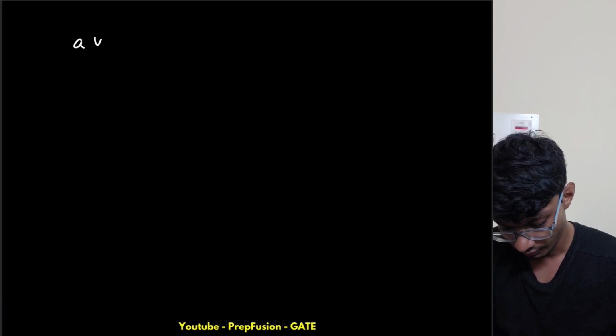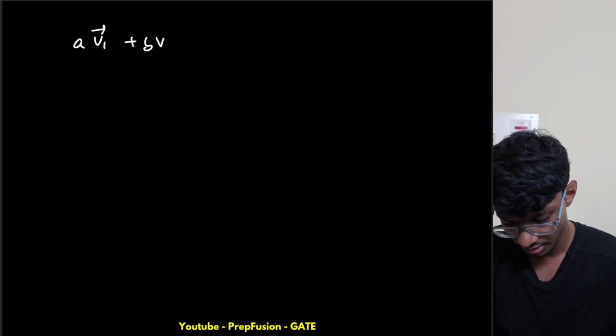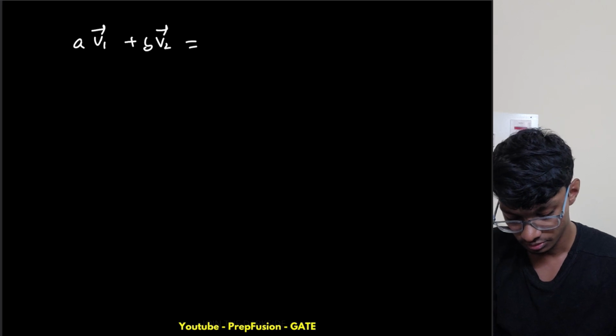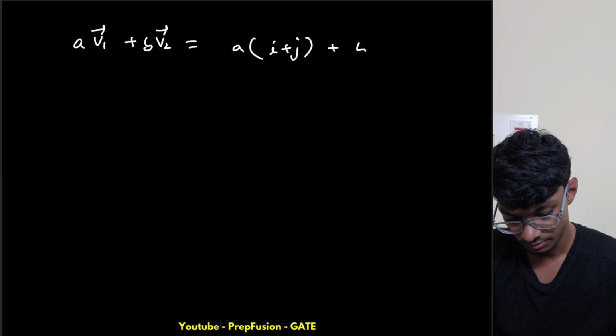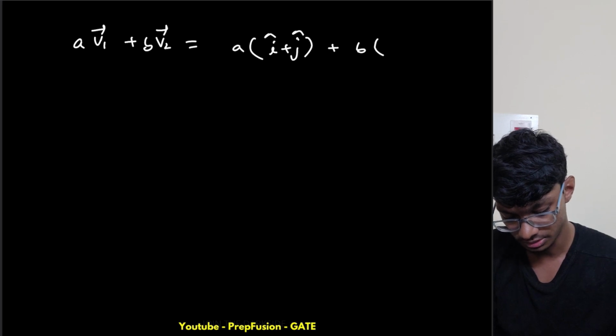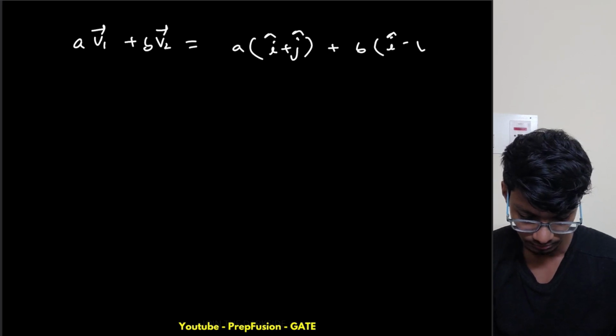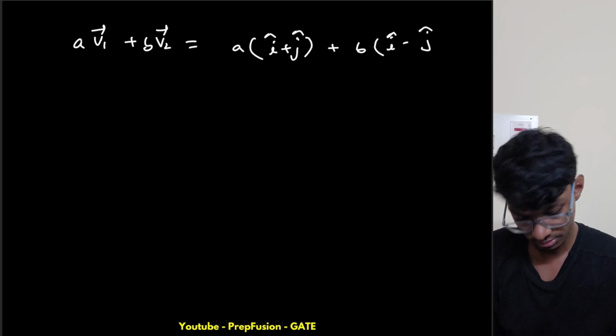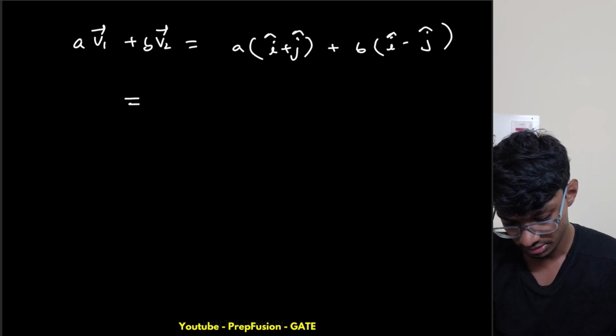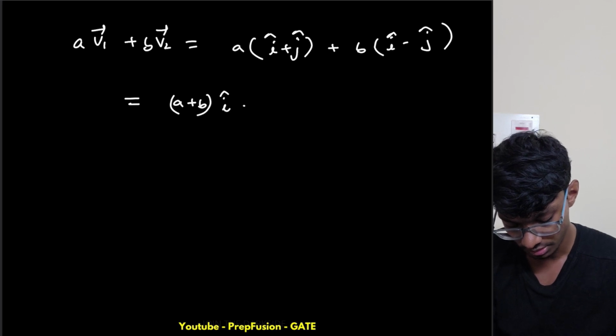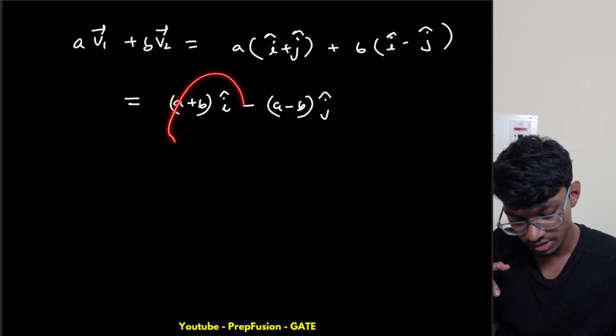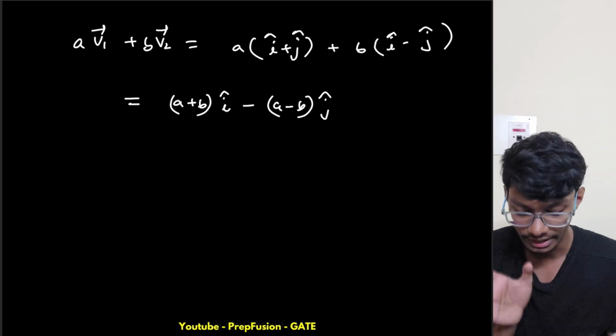So a v1 plus b v2 becomes a times (i plus j) plus b times (i minus j). So this becomes (a plus b) into i and (a minus b) into j. So individually i and j can change.